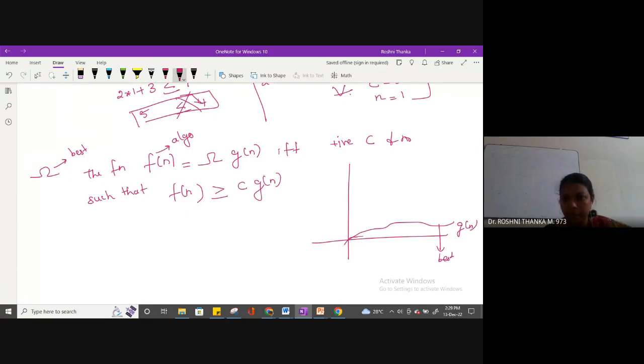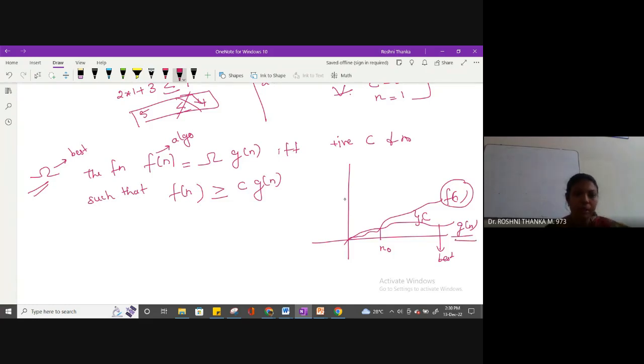When I find our function, it will be like this f of n, and this f of n will always be greater than this. This place is called n naught, and the difference between them is some constant value. So the function we find will always be greater than this g of n, and the very minimum value we get from this algorithm is given by g of n.